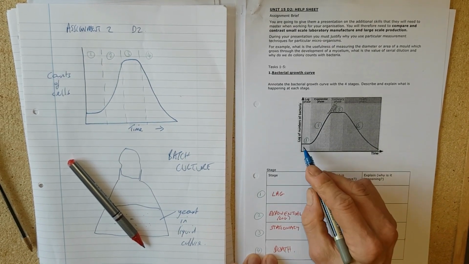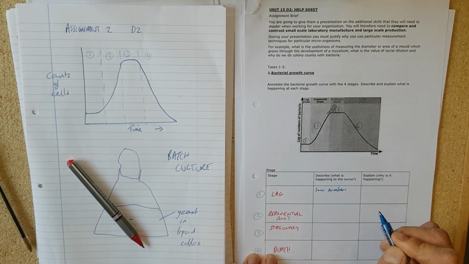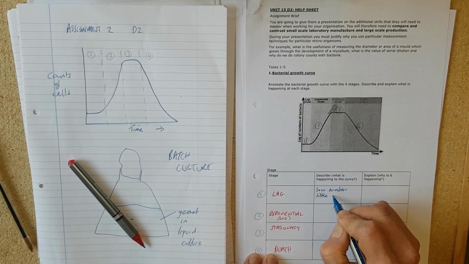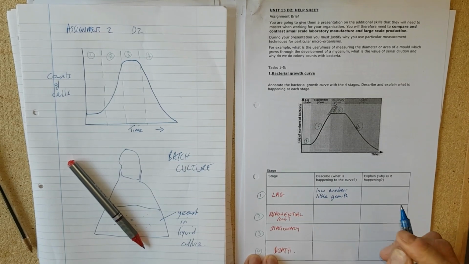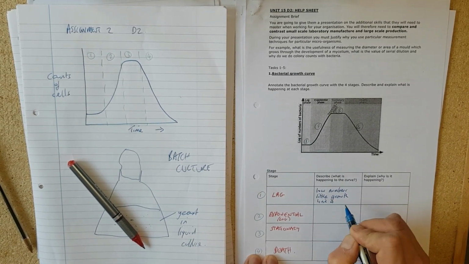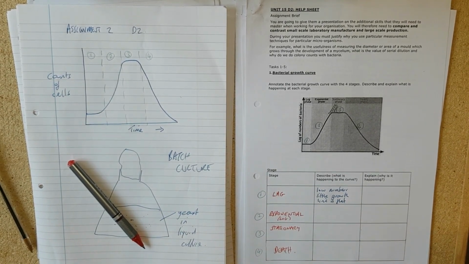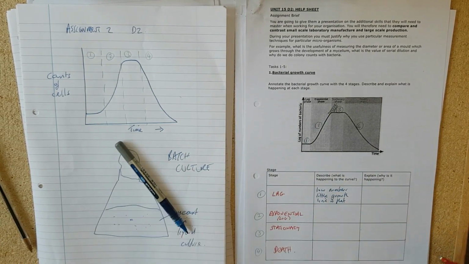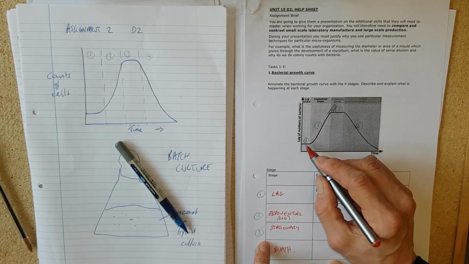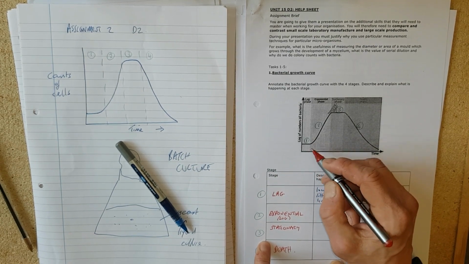So for the lag, we can say there's low numbers, we've got little growth, and the line is flat for the moment. What's happening there is that because we've got so low numbers, even if they divide, we've still got low numbers, and these are getting used to the sugars in the medium.